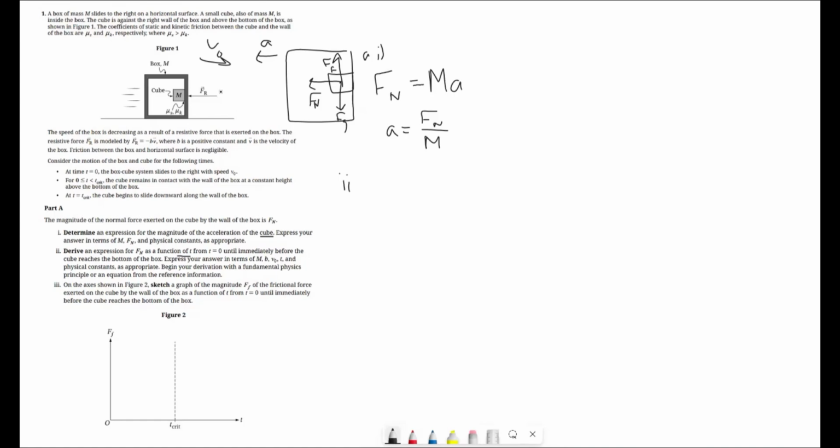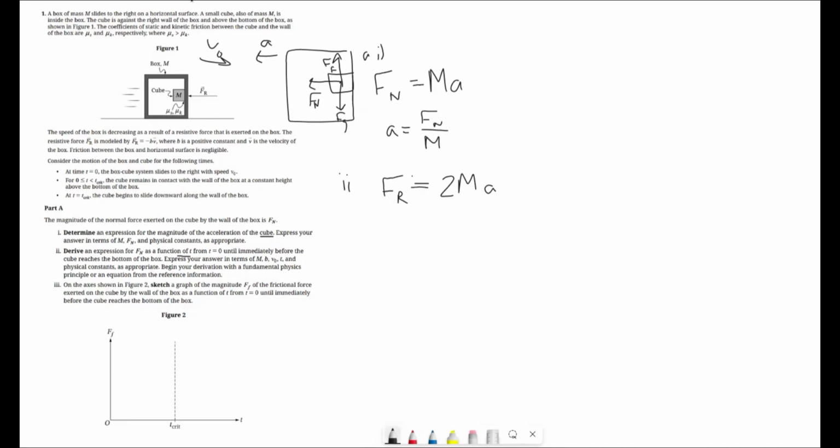Well, what we can recognize here is our force. On the overall system, the only force working to slow this box down is f sub r. So our net force is f sub r equals the mass of the system, which is the box, which is m, plus the cube, which is m, so that's 2m, times a.